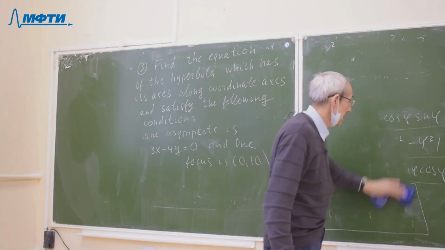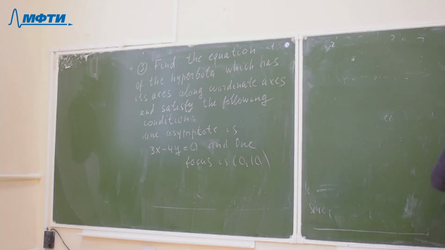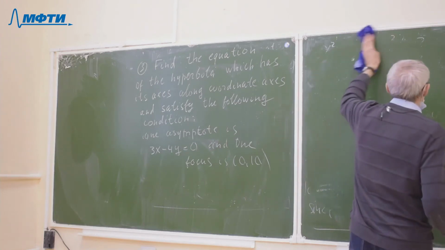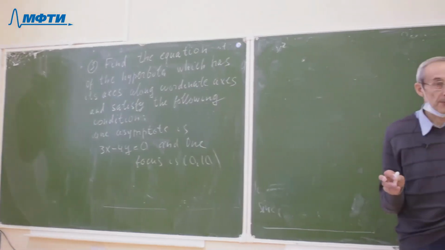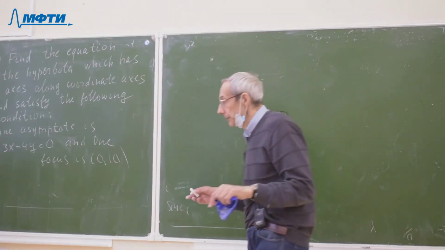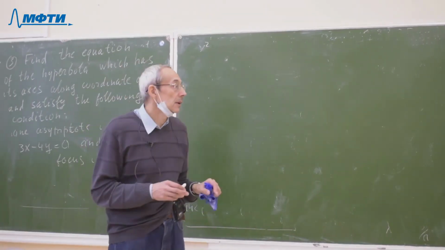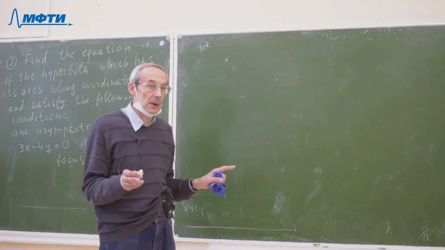What can we say about this hyperbola? When we obtain the canonical equation of the hyperbola, the foci lie on the coordinate axis OX.